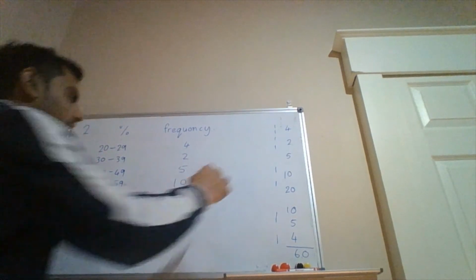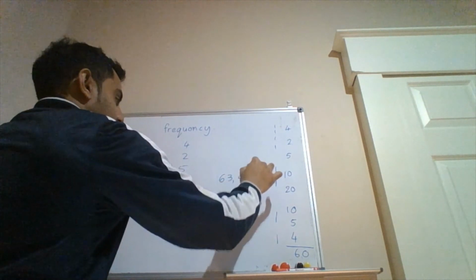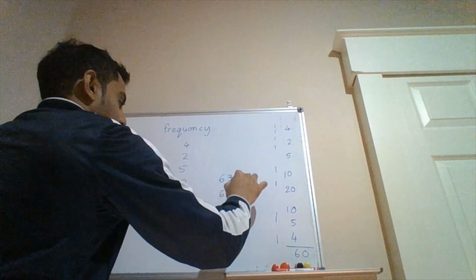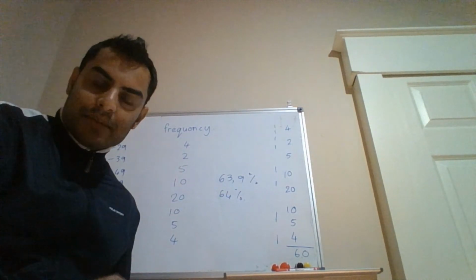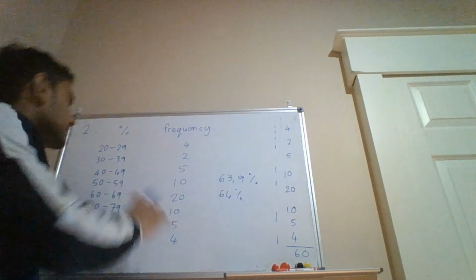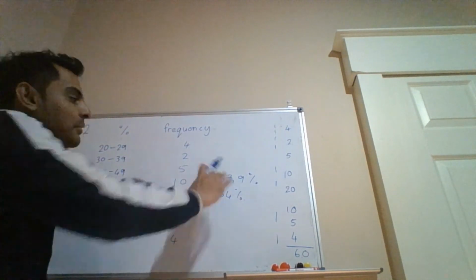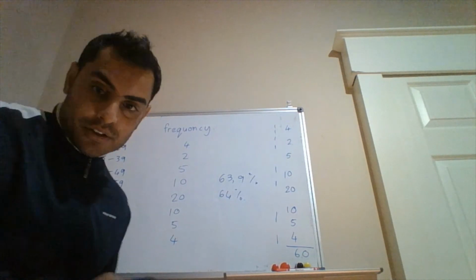So chances are they got something like 63.9% and they rounded it to 64%. Okay, so the data in the table has probably been rounded, but that doesn't mean that it's not continuous. We can still get fractions and therefore we can plot it on a histogram.